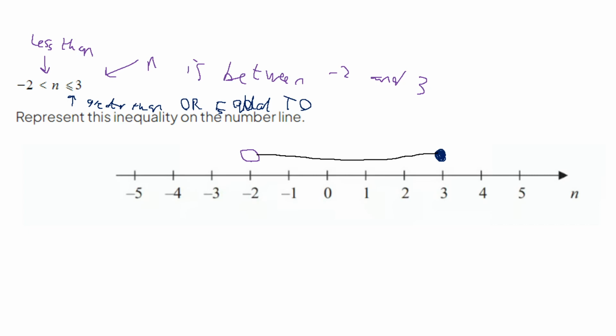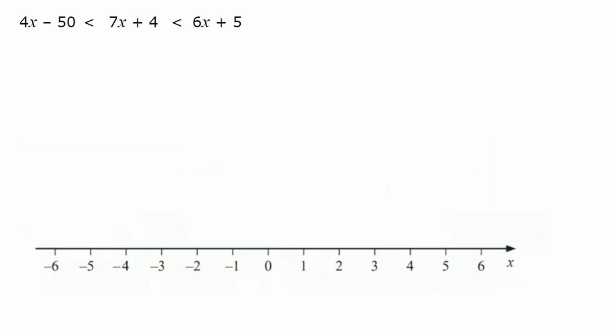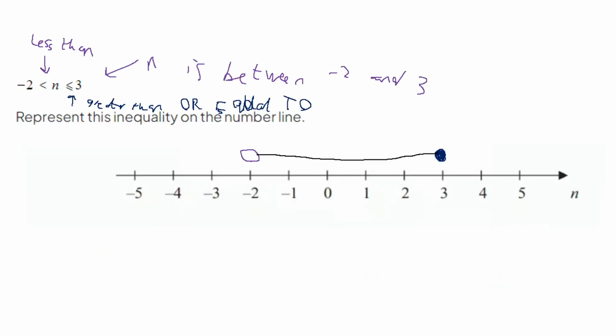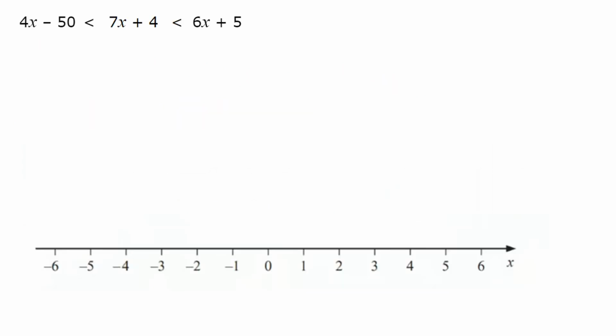We can also solve inequalities that are presented in this exact way. Something like this. For this example, 4x minus 50 is less than 7x plus 4, which is also less than 6x plus 5. How are we going to solve said inequality?